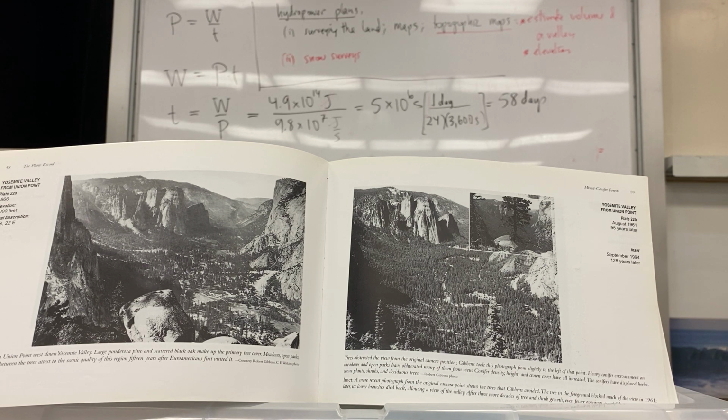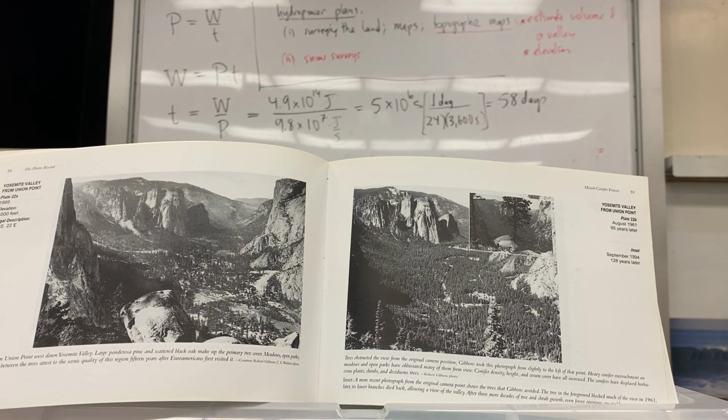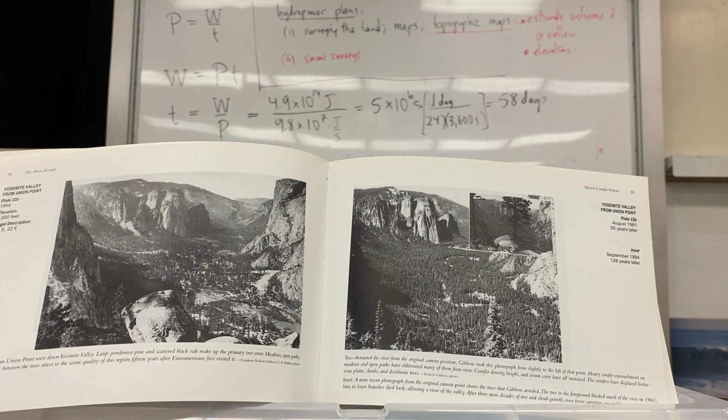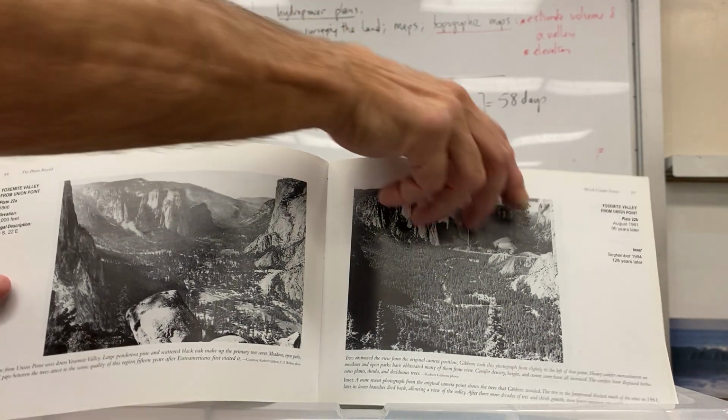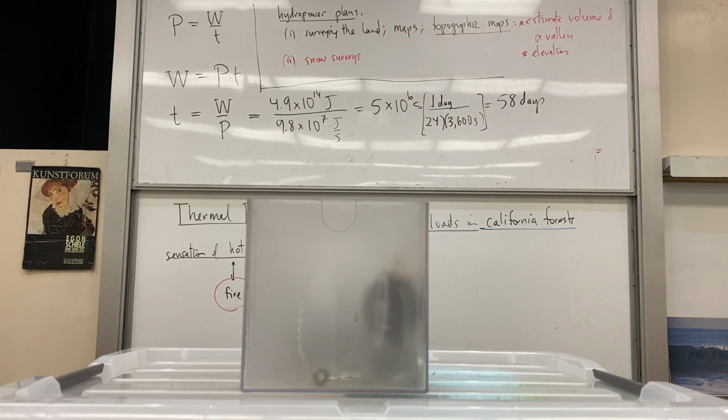And the left one is 1866 and the right one is 1961. The inset is 1994. A current picture would be even more densely wooded than we see in those pictures. So that was this one. Another good screenshot.